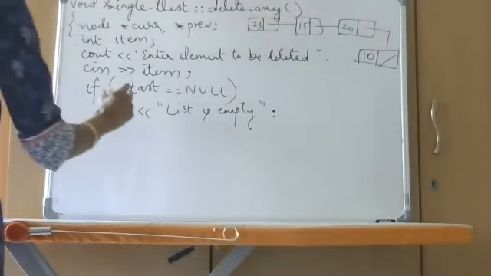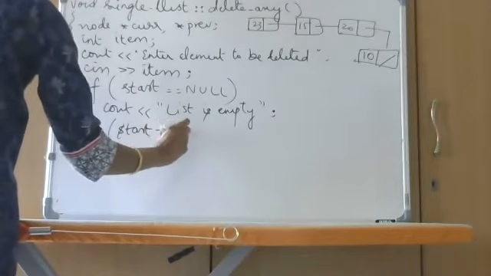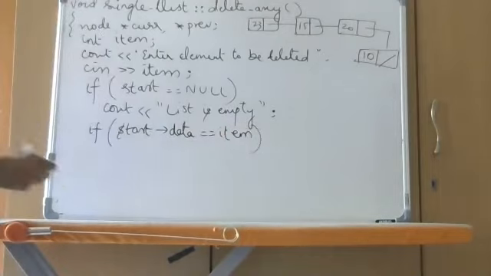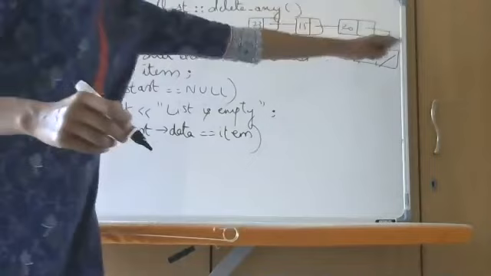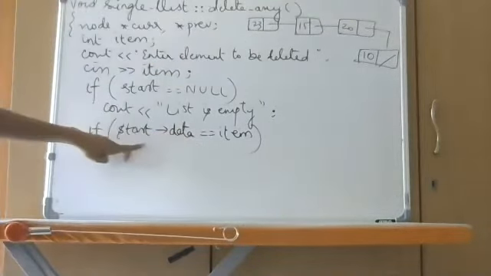So how do I check the first element? I can write if start of data is equal to item. If it is the first element, there may be many other elements. If I have entered item as 23, then how do I check that first element?